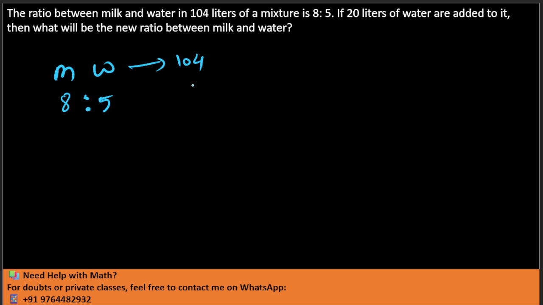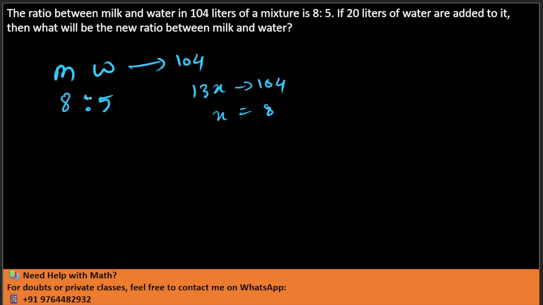Here we have given the ratio and the quantity, so we can find the quantity of each. So here 8 plus 5, it will be 13. So 13x is equal to 104 and x is equal to 8.